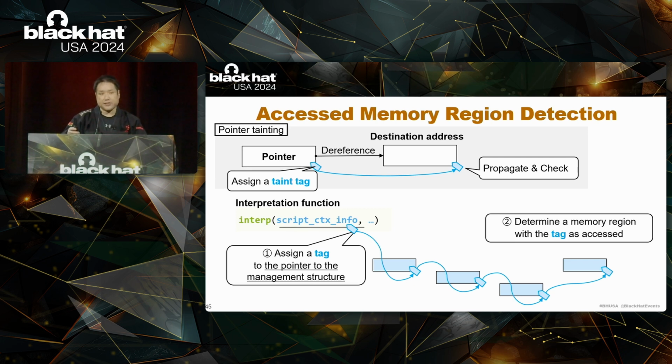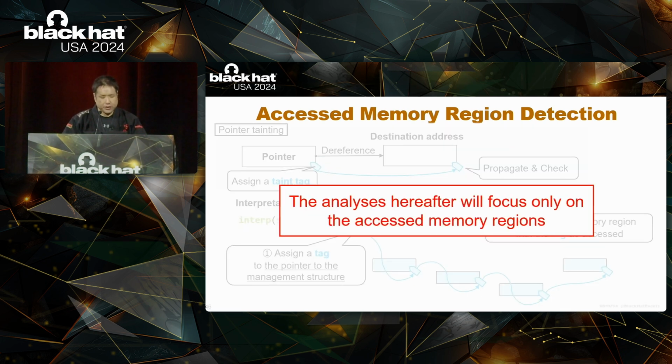So we first assign a tag to the pointer to the management structure, which resides in the argument of the interpretation function. During the execution, the tag propagates according to the pointer differences. By checking whether a memory region has the tag, we can determine the region as accessed. So from here, the analysis will focus only on the accessed memory regions.